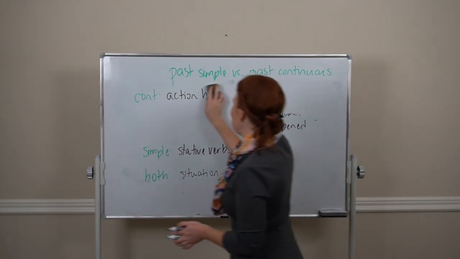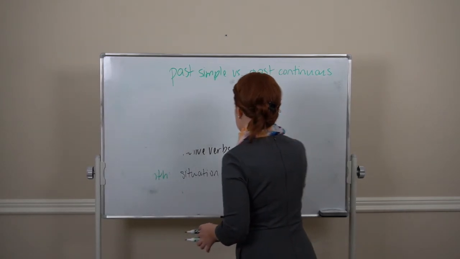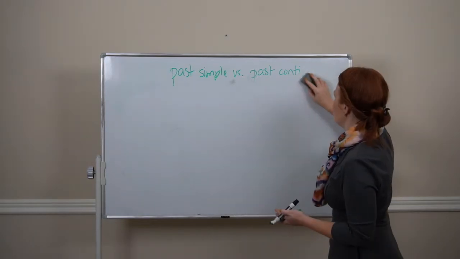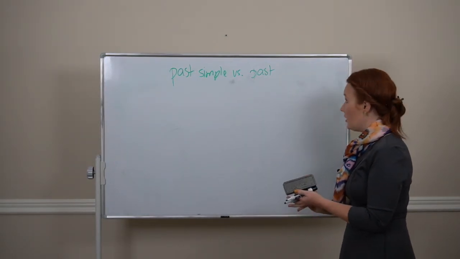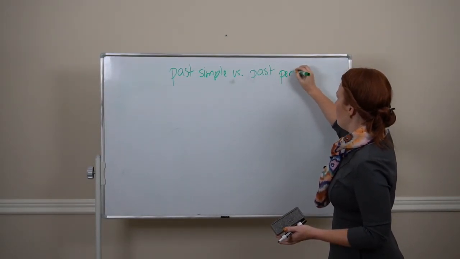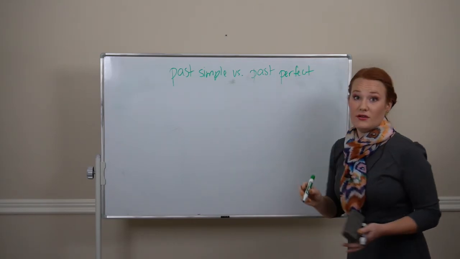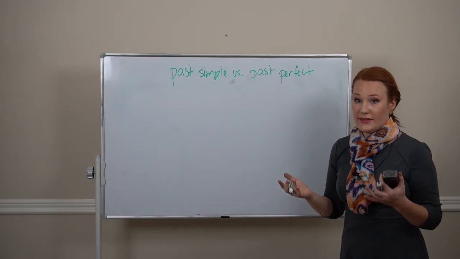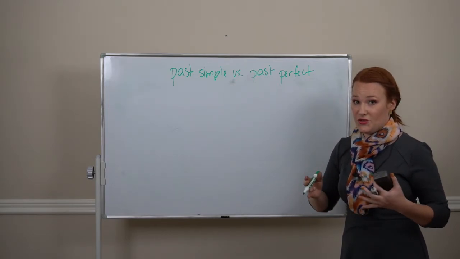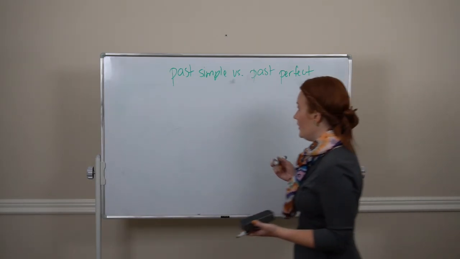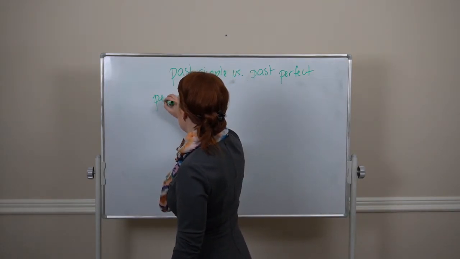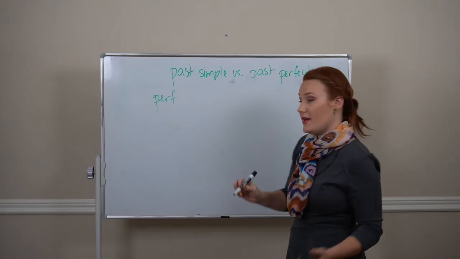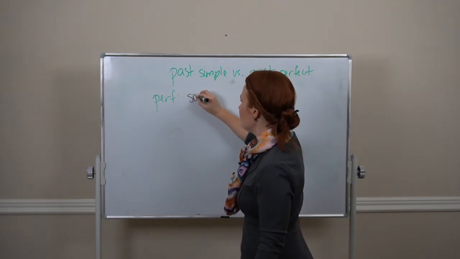Okay, past simple versus past perfect. All right, so past simple, like we said, is just for an event or something that happened in the past. But past perfect is for something that happened before a past simple event.